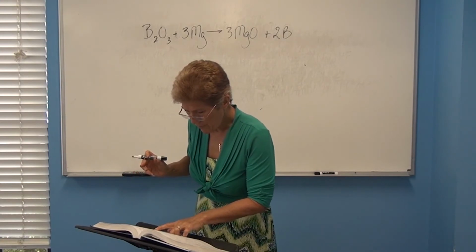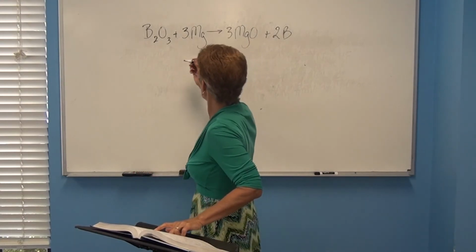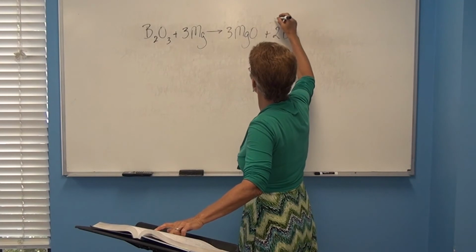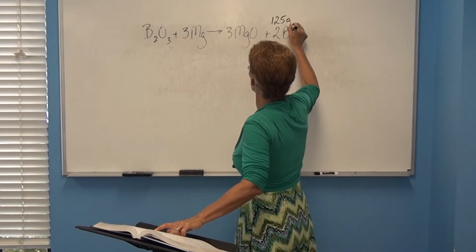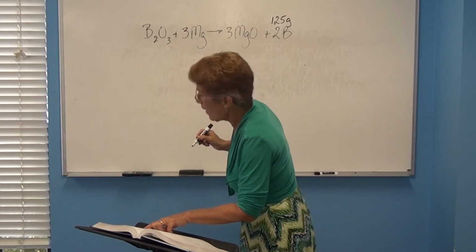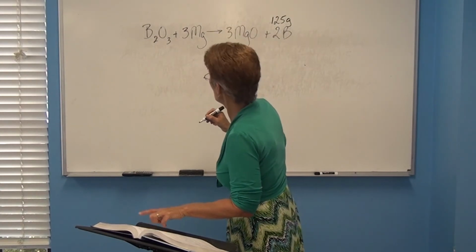Okay, let's see. The given information, 125 grams of boron in 3 significant figures. How many grams of magnesium will be needed?